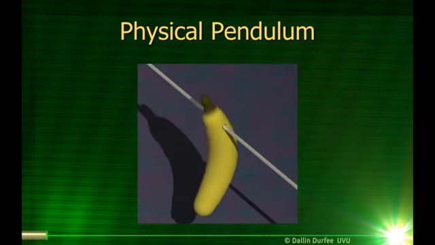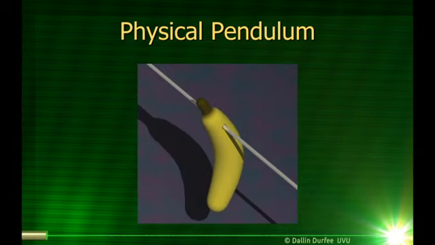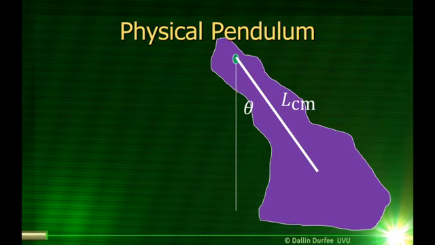All right? How can we find the angular frequency and the period of a physical pendulum? Well, what we do is we say, look, I've got this extended blob of mass. It has some weird shape, right? And then there is a pivot point right here that it's going to pivot around. There's only 2 forces acting on my object, the pivot and gravity. And gravity acts about the center of mass, all right?